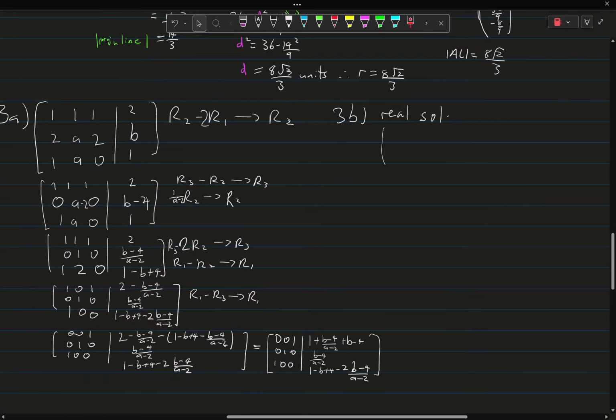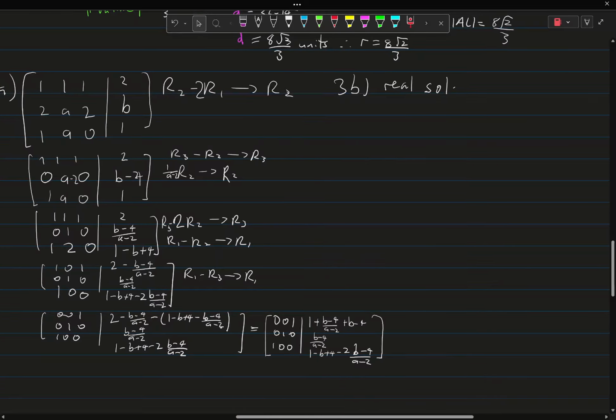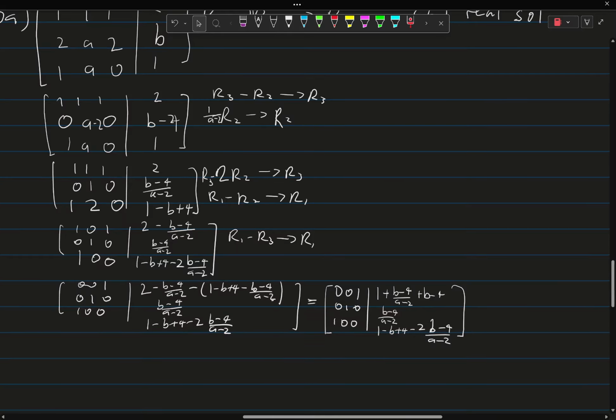So let's start with our initial matrix. For part B, it's any B and any A, where A can't equal 2.